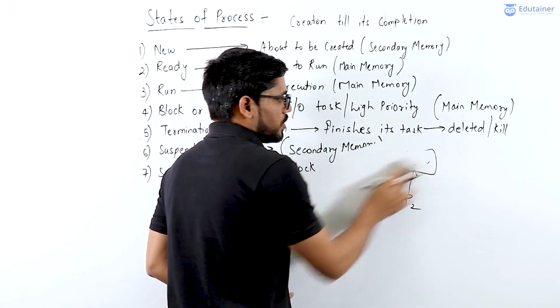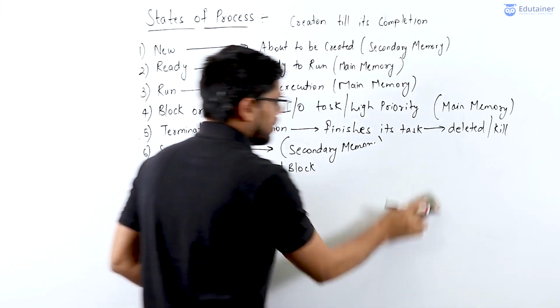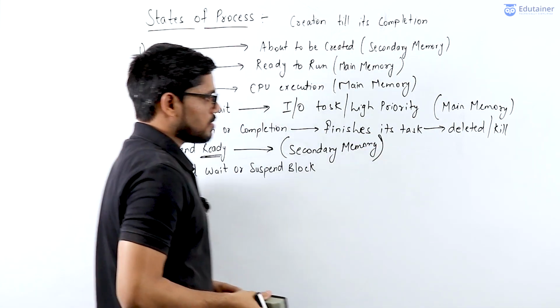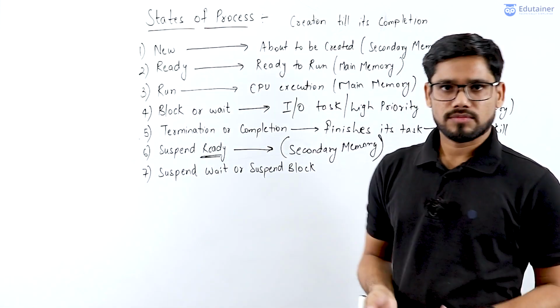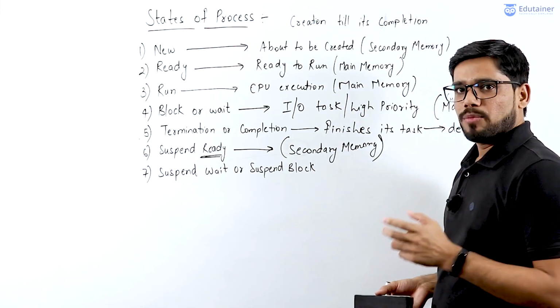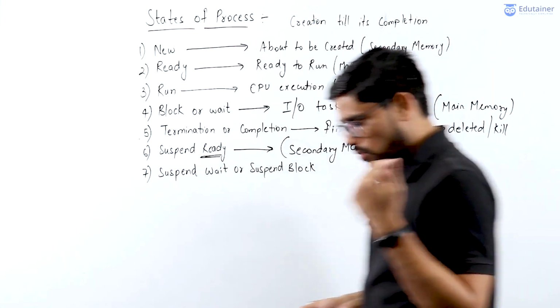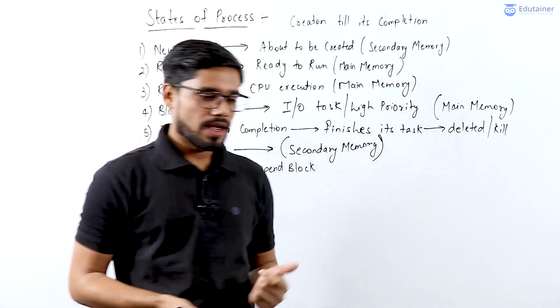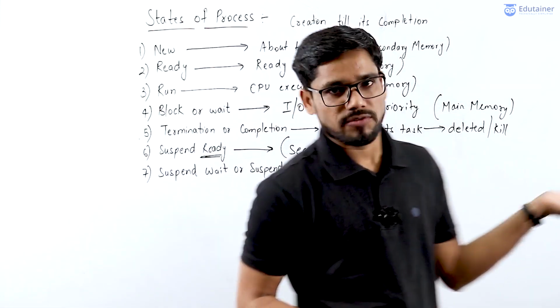So I think you understood how suspend ready comes into the picture. Whenever a process is run by the CPU, and if a high priority process comes, the CPU will forcefully remove this running process, and this running process will first go to the ready state.